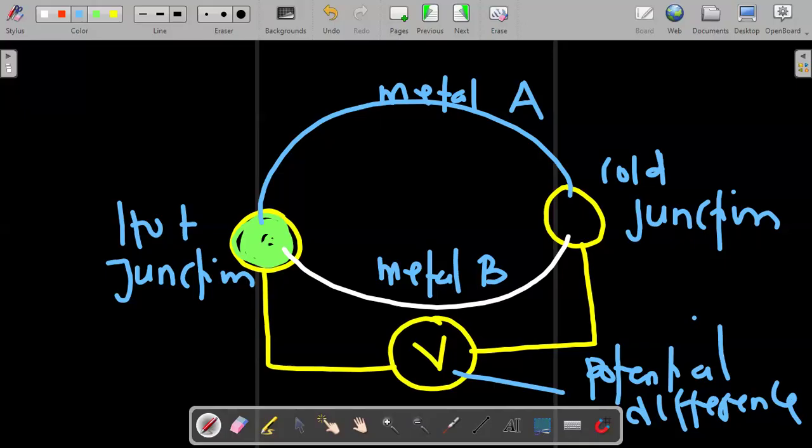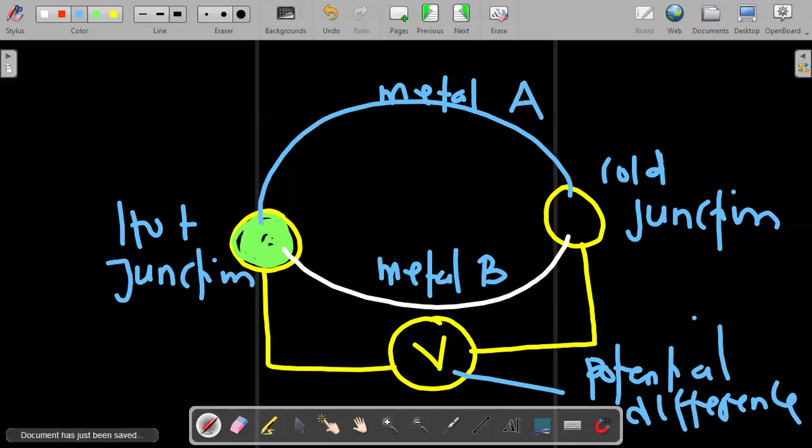So the diagram defines the thermocouple. The V represents the potential difference, meaning the one that connects to the wire, both the hot and the cold junction.